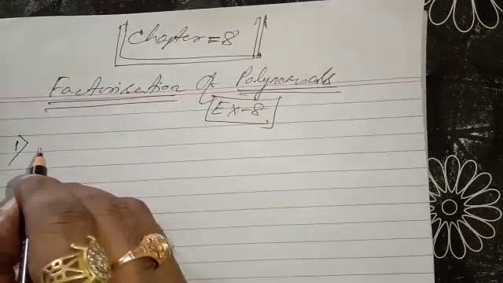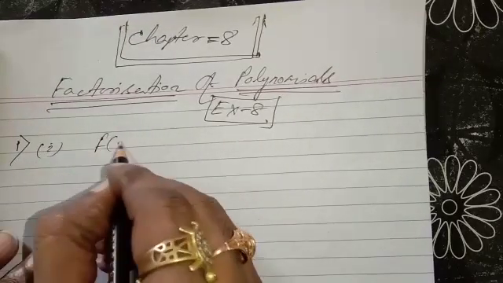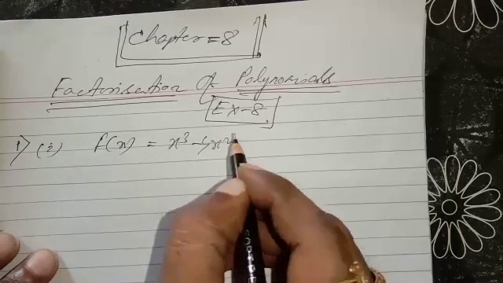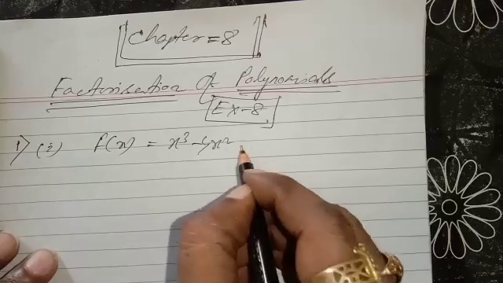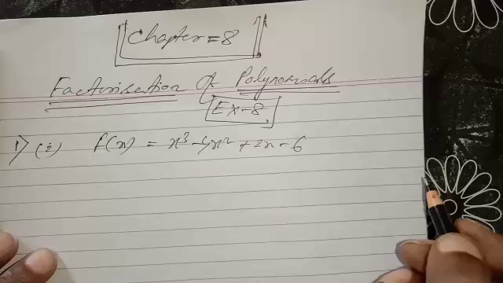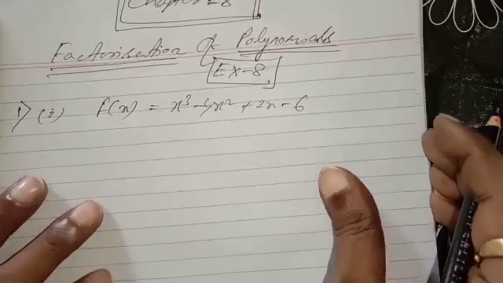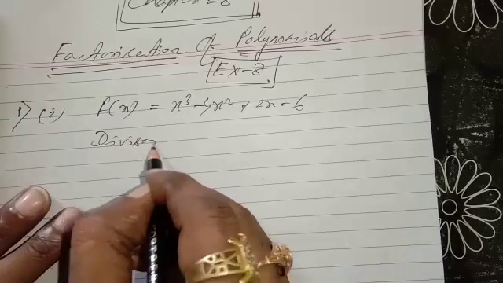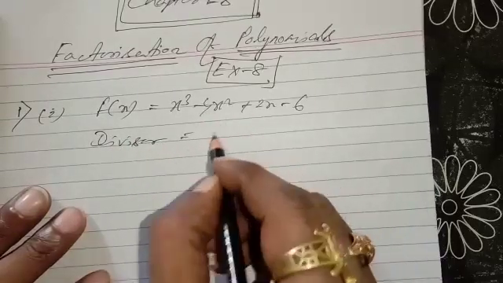First part: f of x is given, that is x cube minus 4x square plus 2x minus 6, and the divisor is x minus 4.